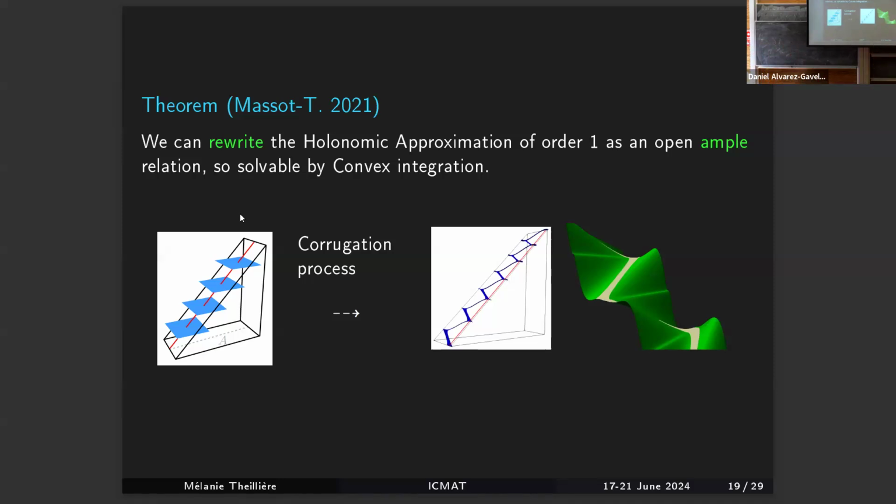And maybe I would like to say something else about it, because in one sense it's a bit surprising when we look at holonomic approximation. We have a formal solution. Sorry, I wrote L for linear map instead of the differential, and I didn't write any partial derivative.